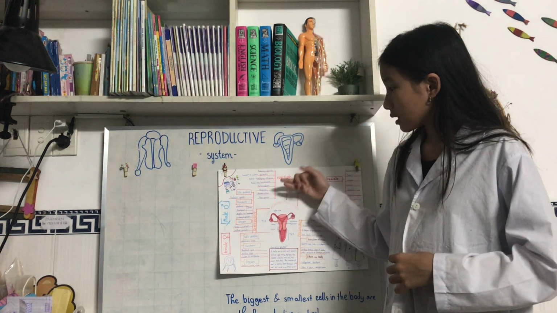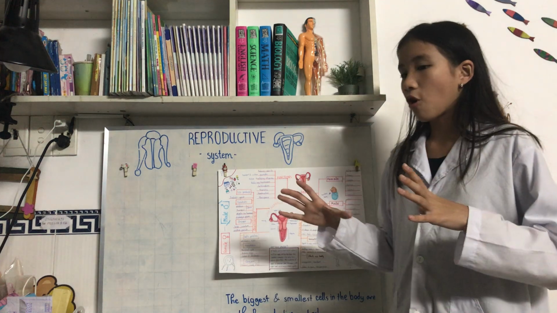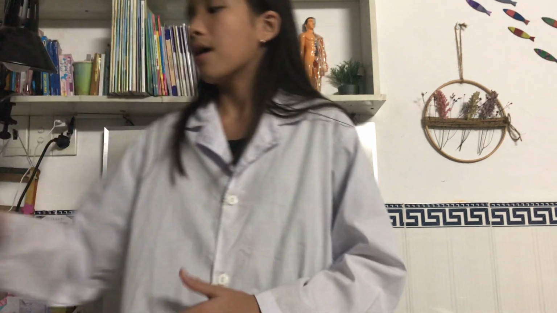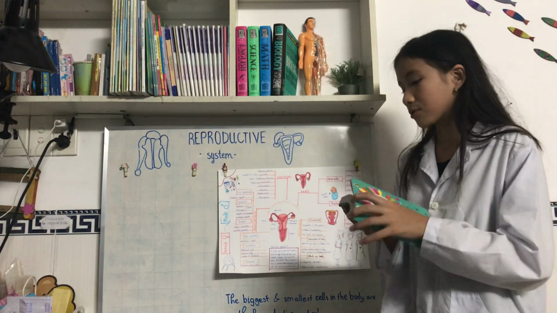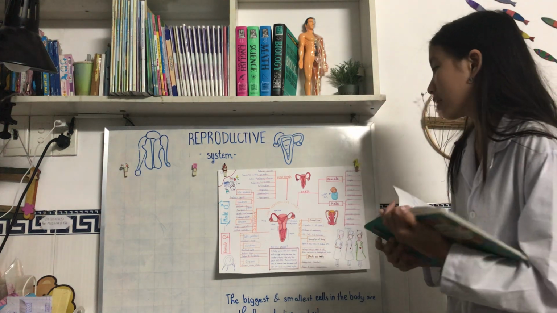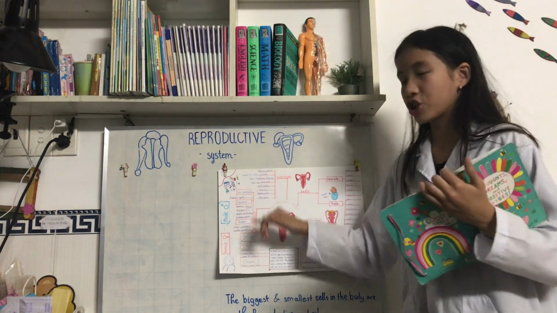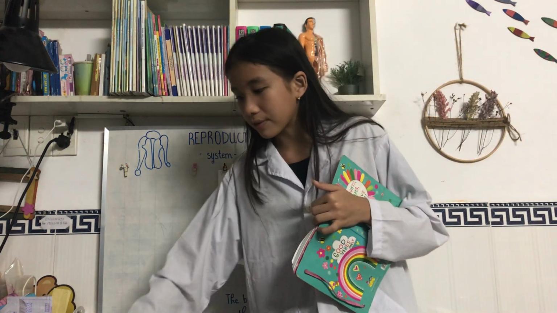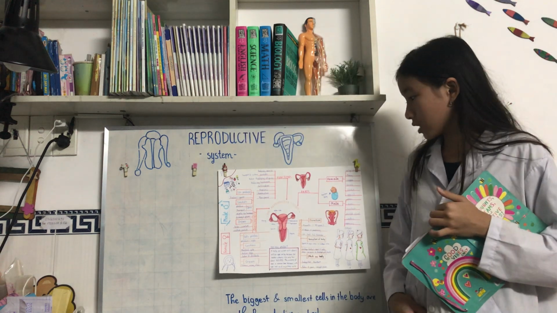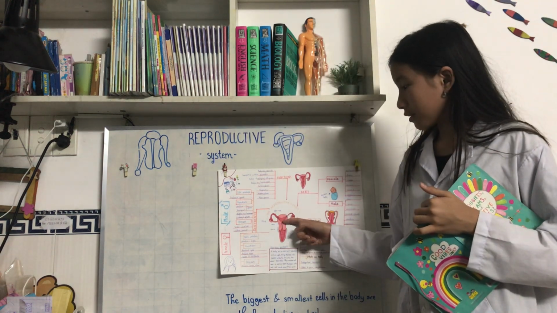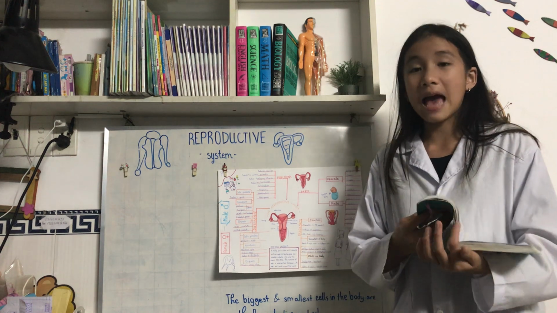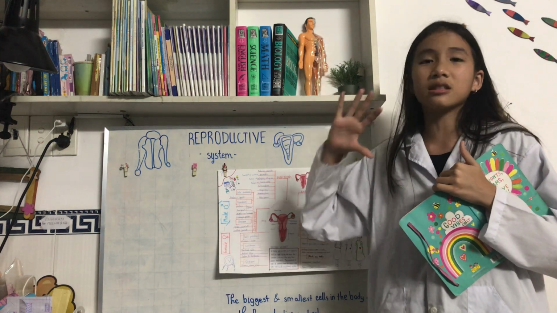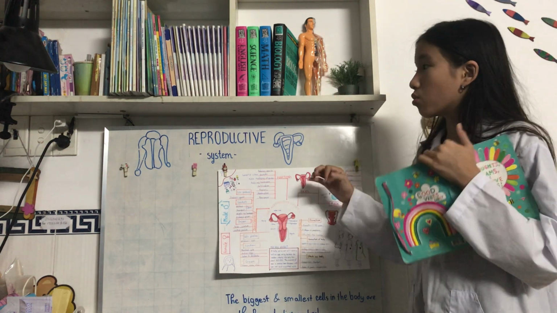Pregnancy, menstruation, and menopause are all for the female reproductive system. And for both systems, we have fertilization. Now for menstruation, the egg is transported into the walls of the reproductive system of the female, and when the female does not have a sperm entering or does not have pregnancy, then it will have blood.